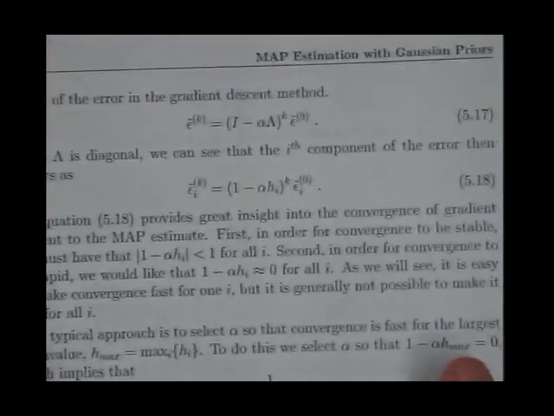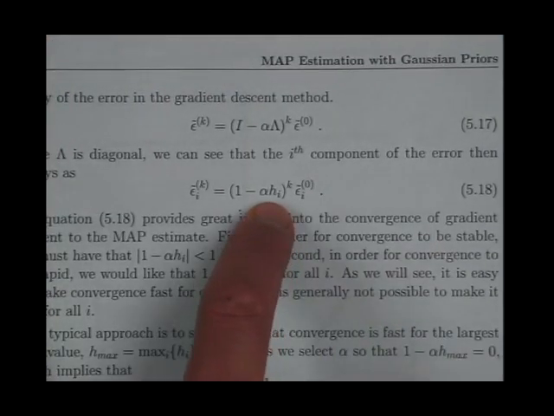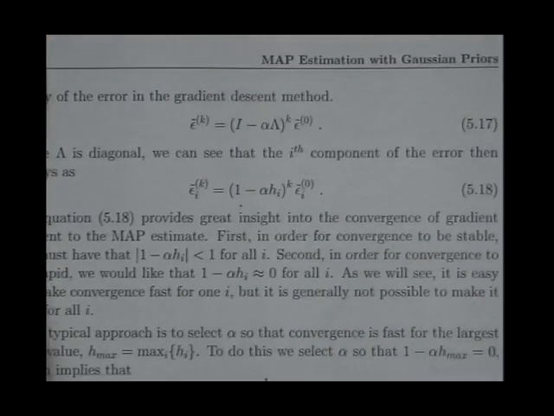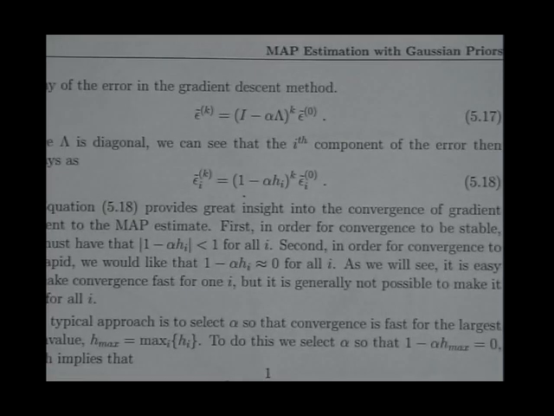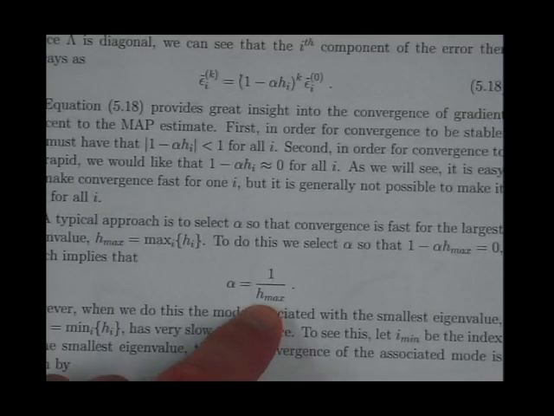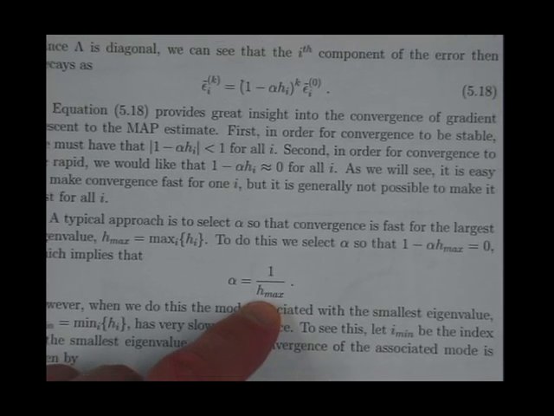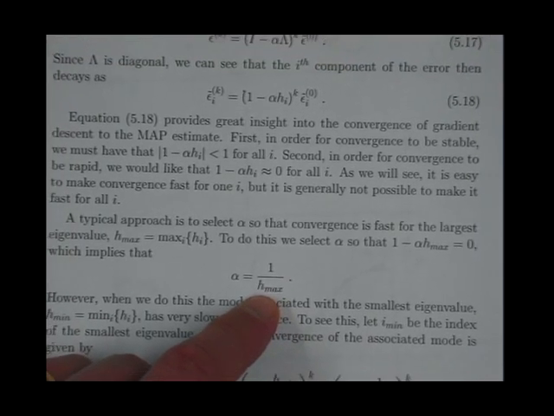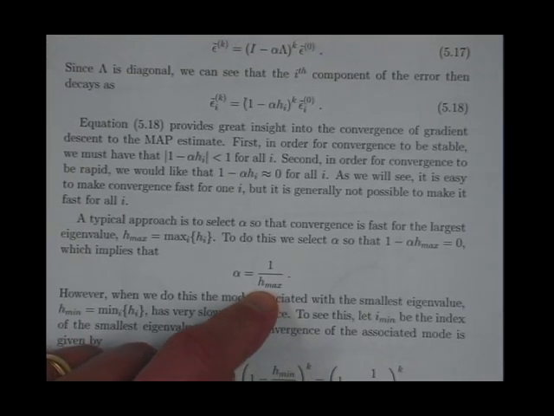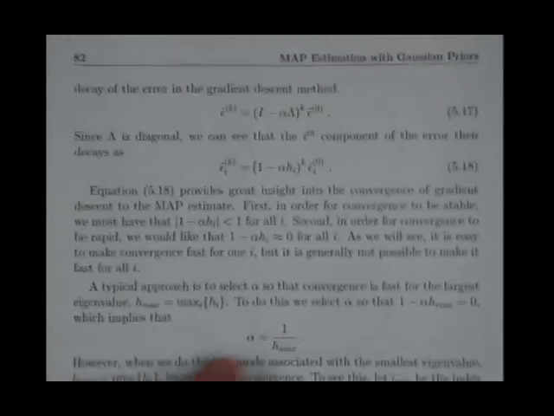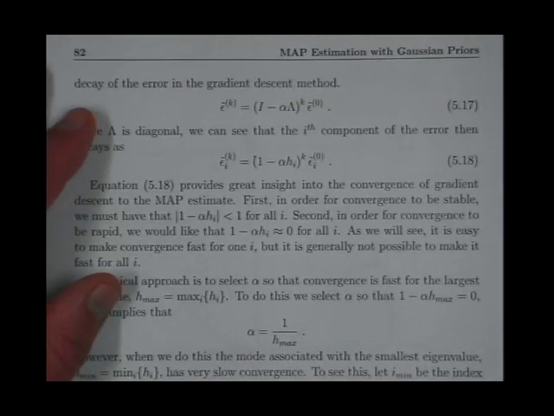These are the equations, right? For these things to converge, you can select alpha to be 1 over the largest eigenvalue. If you make it 1 over the largest eigenvalue, then that's a reasonable thing. For the large eigenvalue, you'll get convergence in a single step.